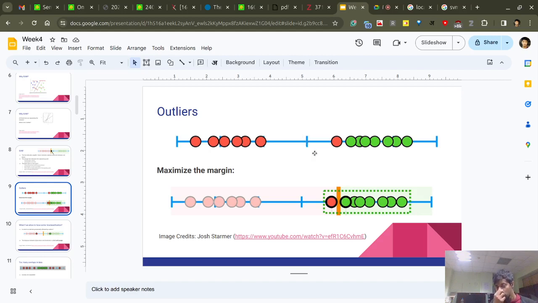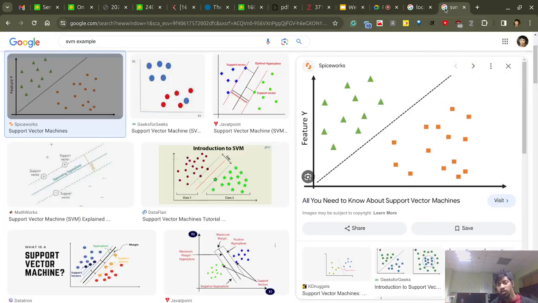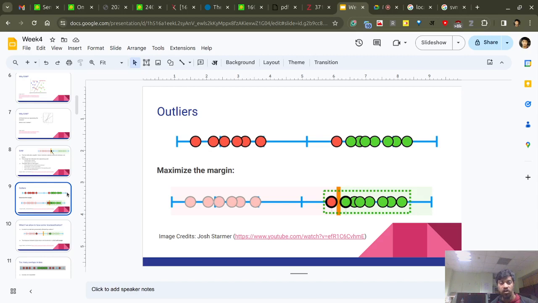For understanding, I have drawn a line here, but basically it is just a point. Anything left of that is red, anything right of that is green. For 2D, the hyperplane is 1 dimensional, which is just a line, and similarly for 3D, it will be 2 dimensional. So that one is correct.